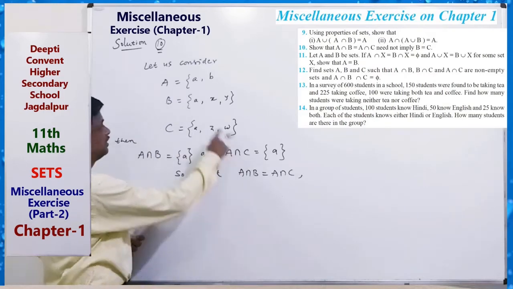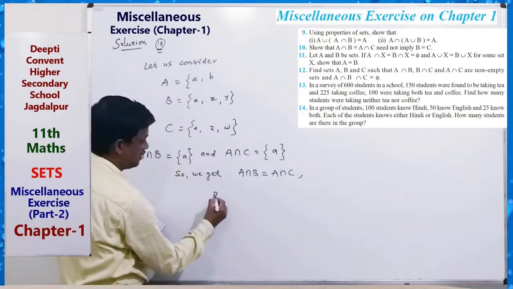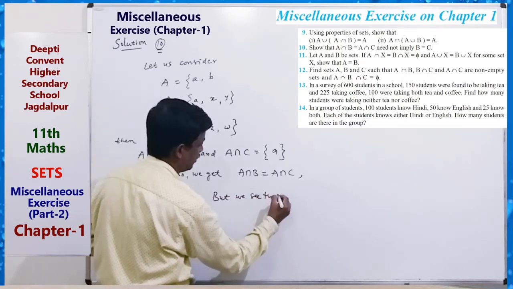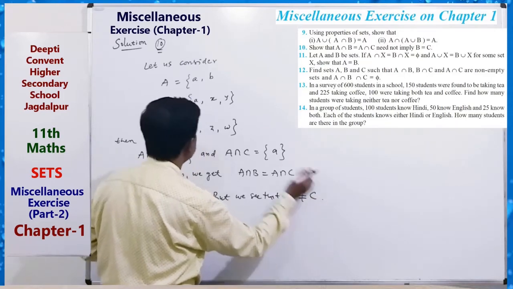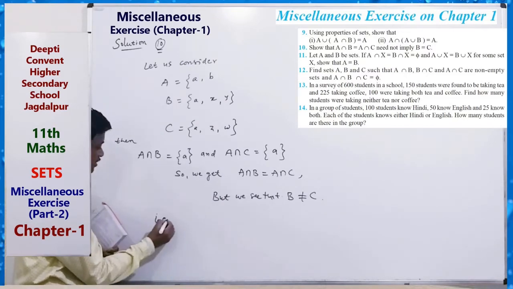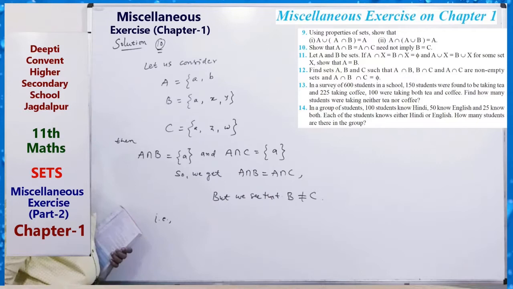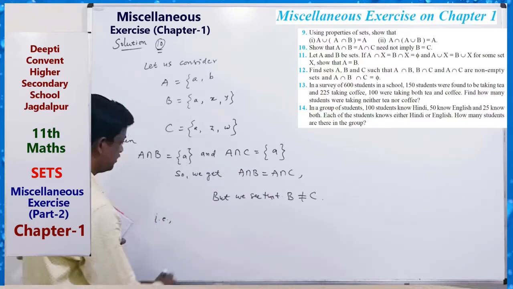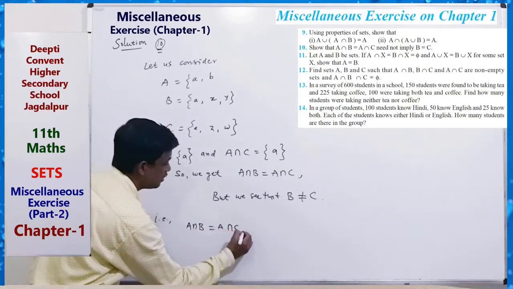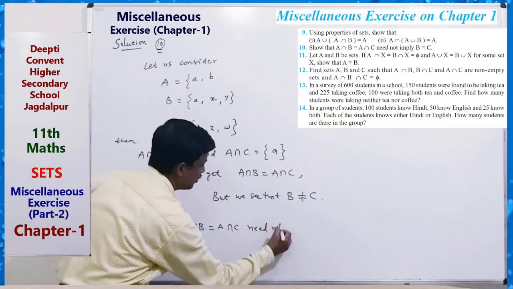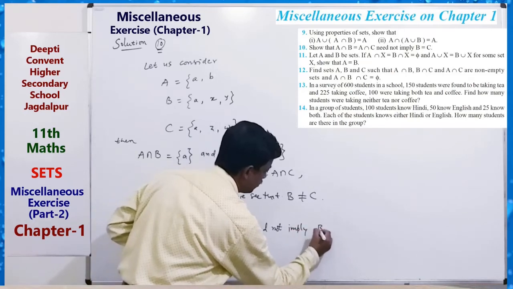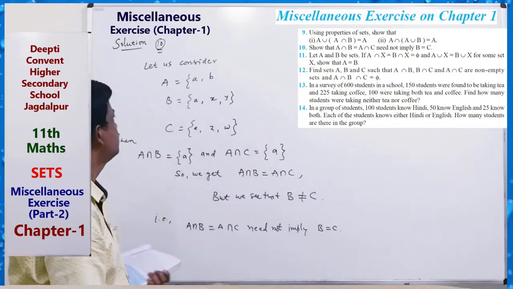But we see that B is not equal to C. These are two different sets. That is, A intersection B equal to A intersection C need not imply B equal to C. This is the proof of question 10.